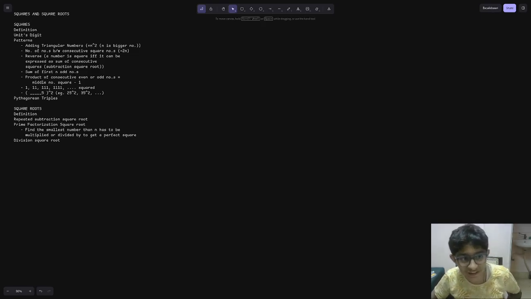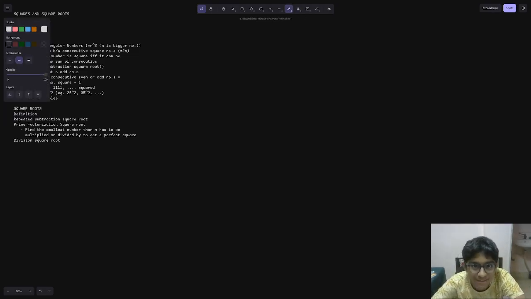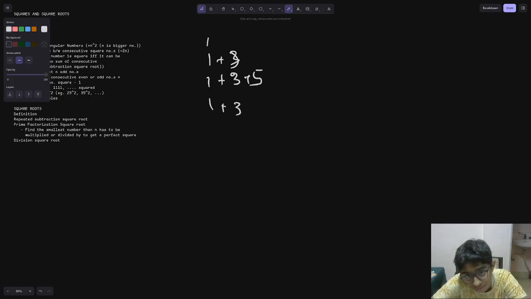Sum of the first 10 odd numbers. Did we do this yet? No, we didn't. Should have added it into that same part. Yeah. So let's sum the first 10 odd numbers. 1 plus 3, 1 plus 3 plus 5, 1 plus 3 plus 5 plus 7. What is the sum? 1, next one 4, next one 9, next one 16, and so on.